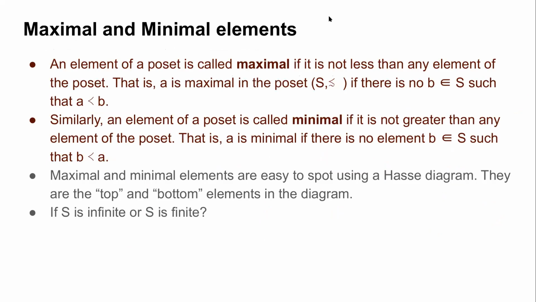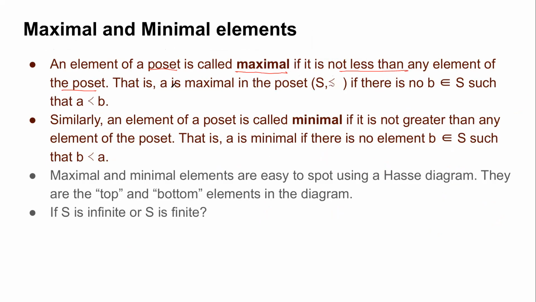Okay, now let us see where this Hasse diagram is used. Let us define various kinds of elements in the Hasse diagrams. Given a partially ordered set, we call an element a maximal element if it is not less than any element of the poset.